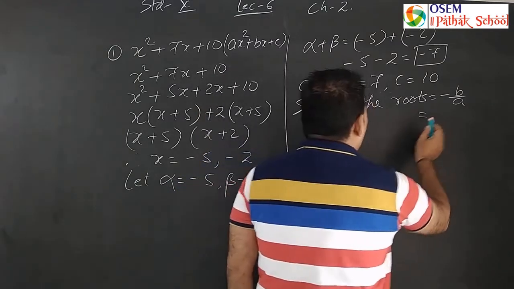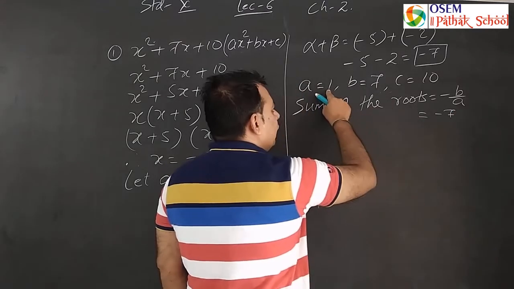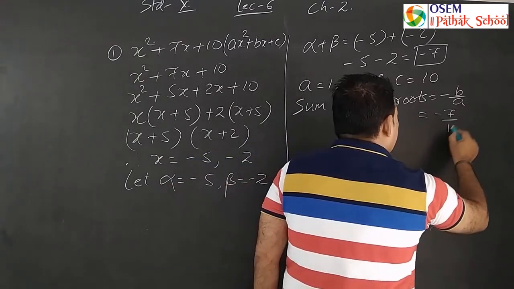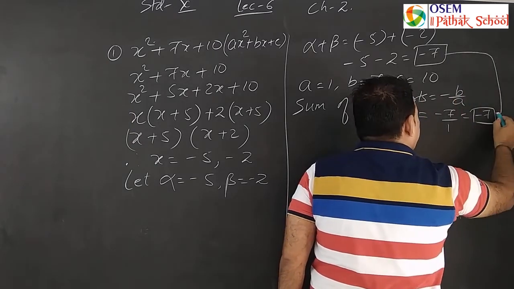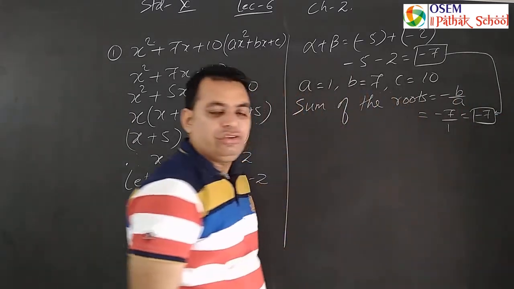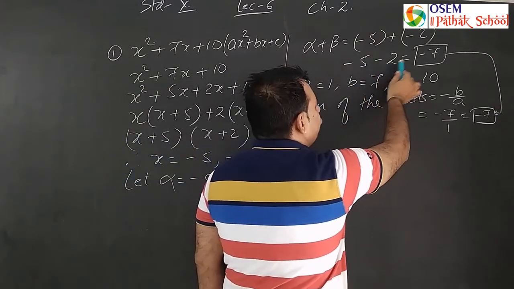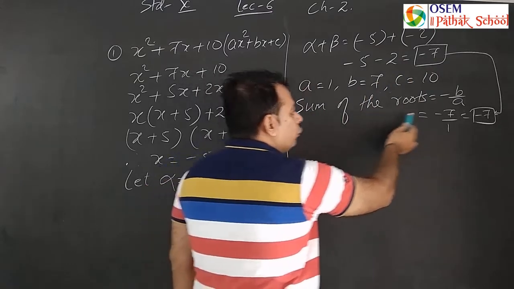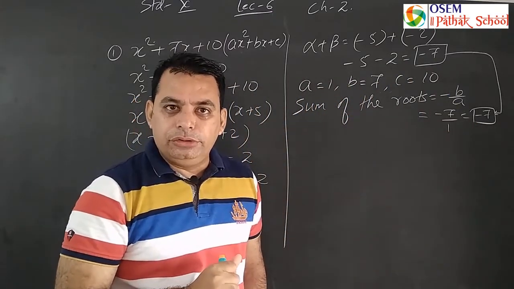So here the value of b is 7, so minus 7, and a is 1. It will be minus 7. Now clearly you can see we have done the verification. Alpha plus beta is minus 5 minus 2, minus 7, and the sum of the roots, minus b by a, is minus 7. This part is clear to you.